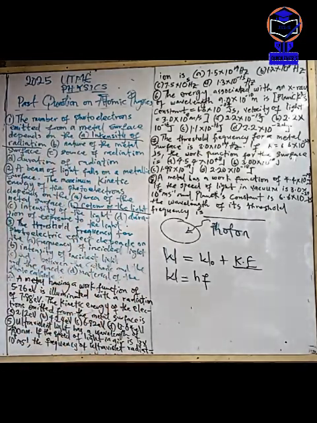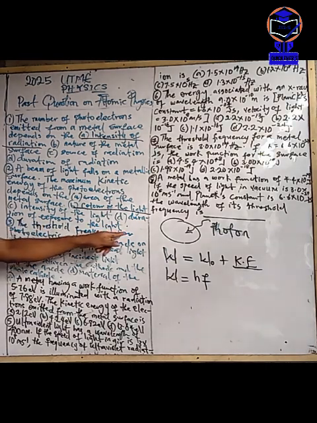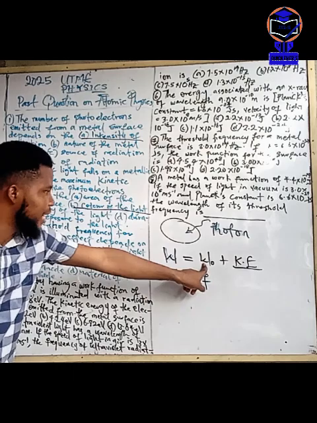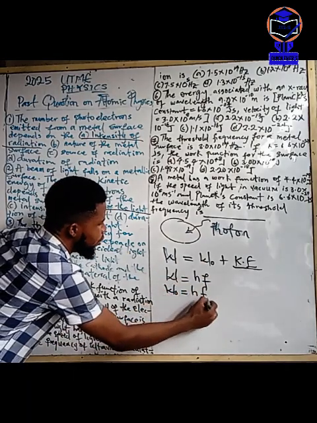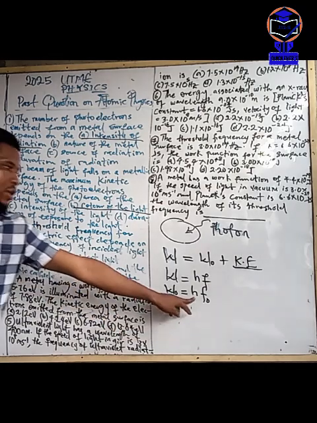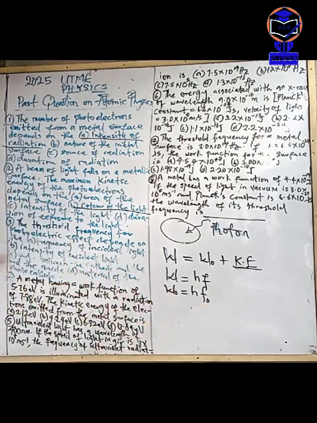Alright, let's go back to the question. Number 3 now. The threshold frequency for photoelectric effect depends on what? This threshold frequency will come out from here. This one is a constant. So this threshold frequency depends on what?